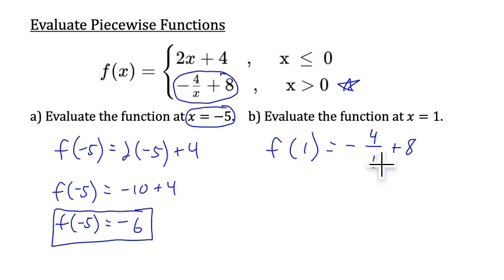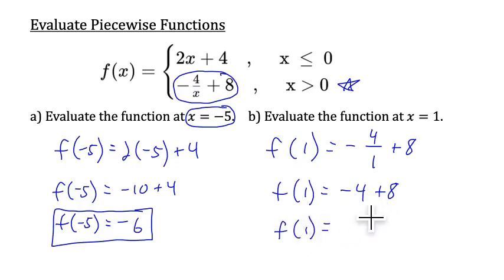Well, 4 divided by 1 is just 4, so we can get rid of the fraction. And when we add these two integers, we get 4. So f of 1 equals 4.